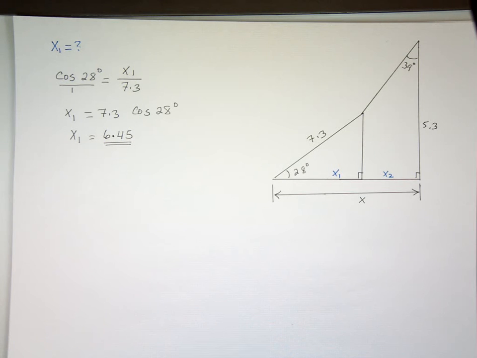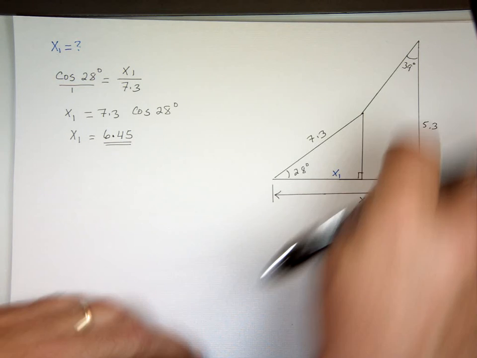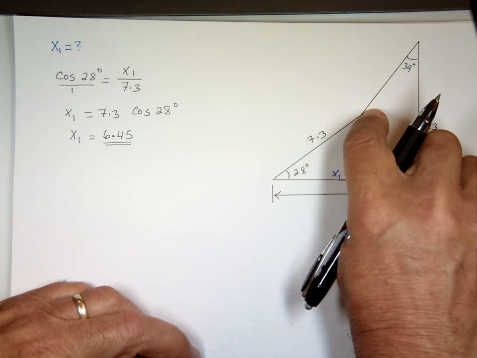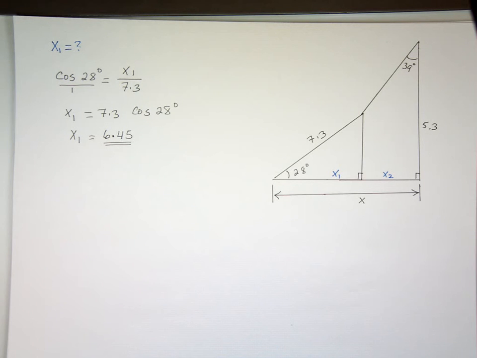Now I need to find x2, and that's not easy to find. How do we find what x2 is? The question only was, is this a straight line? I go, nope, it bends right here. Any suggestion? No solution? Of course there's a solution to it. Everything has a solution.